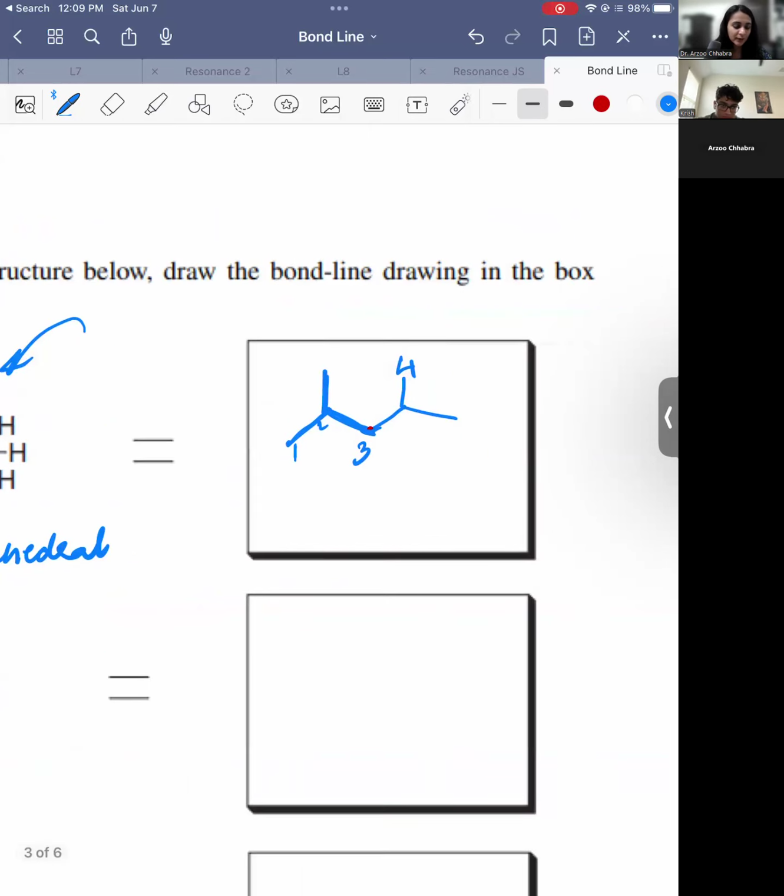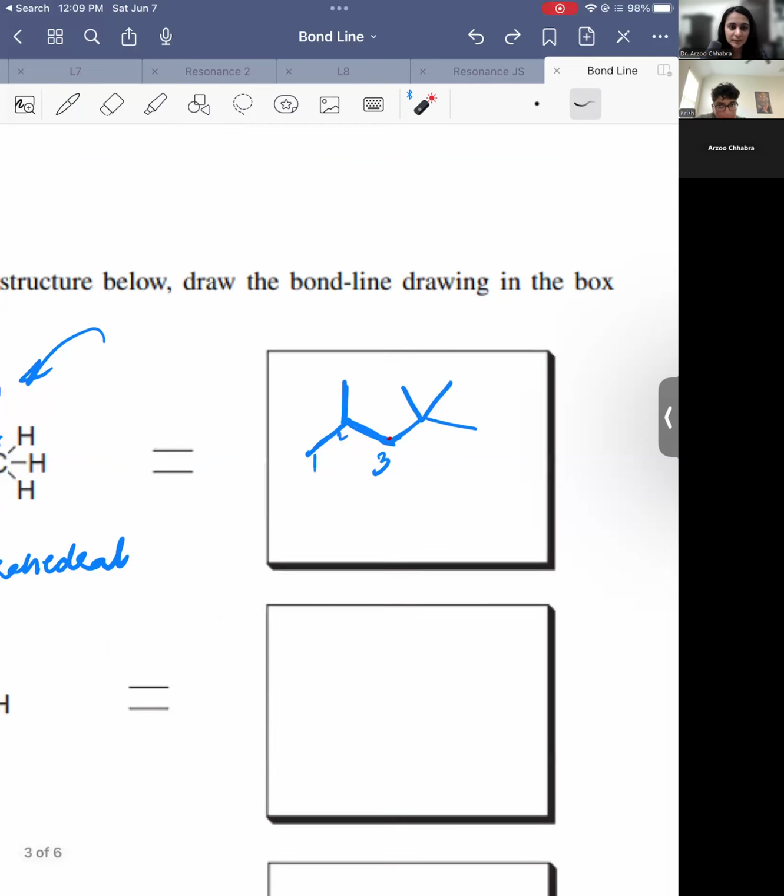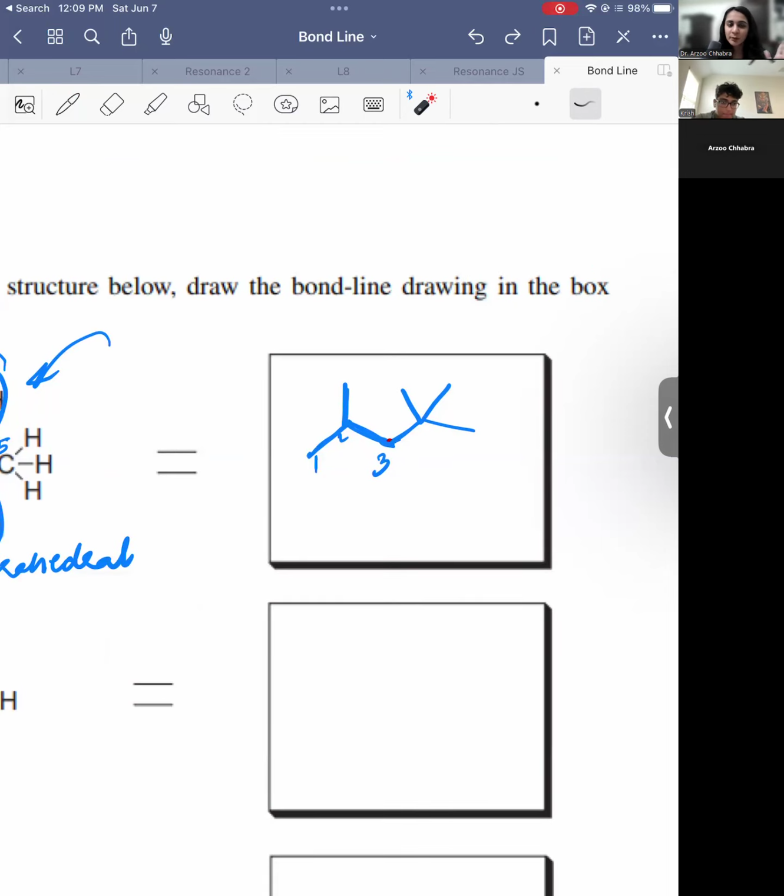So there are 2 CH3s connected to it. We can represent that as 2 bonds here, because they make the tetrahedral geometry at this carbon. So straightforward, right? Not that hard.